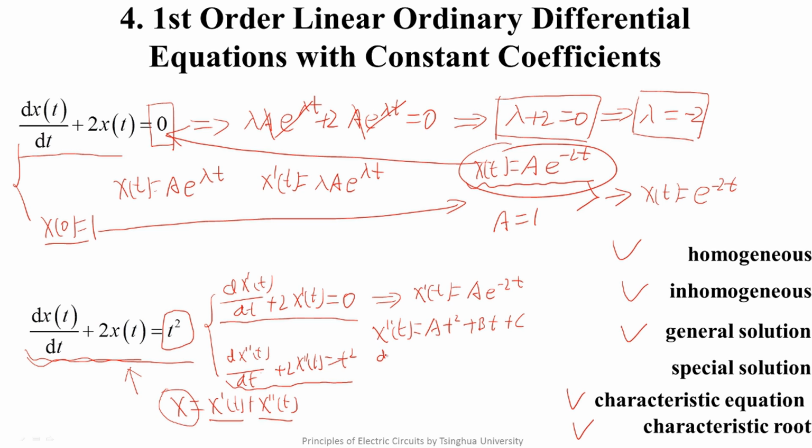Then its derivative is 2at plus b. Substituting them into the equation, we get 2at plus b plus 2at squared plus 2bt plus 2c is t squared.